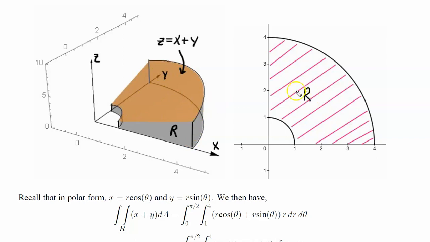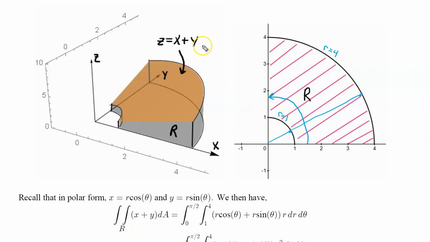Now notice that in the region R over here, the radii r vary from 1 out to 4. So this is r equals 1, and this is r equals 4, those two curves. And then theta varies from 0 to pi over 2.